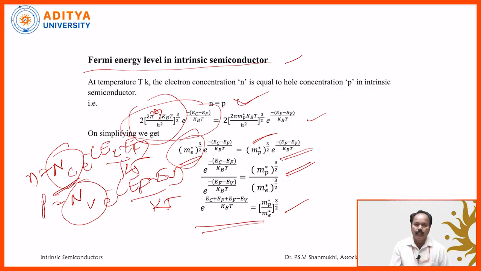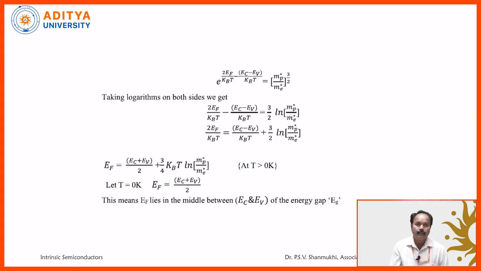Let us take the natural logarithms on both sides, ln, log base e. So you will get Ef is equal to (Ec plus Ev) by 2 plus 3 by 4 kBT ln (mp star by me star) at any temperature T greater than 0 K.